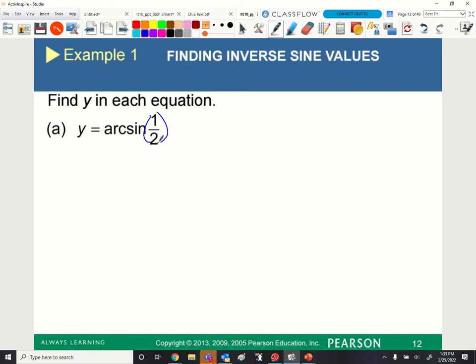So on your unit circle, what quadrants am I going to look at? 1 and 4. Only looking at quadrants 1 and 4, find the location where the y value is 1/2. Or if it's in degrees, I would say what? 30.